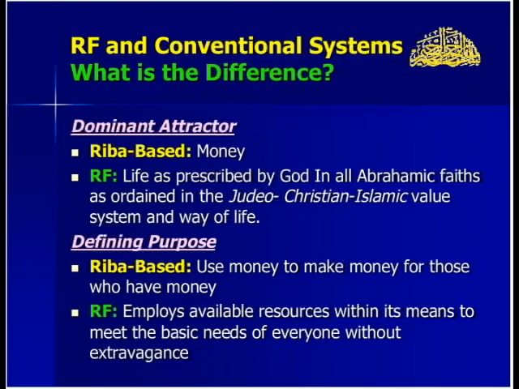What is the dominant attractor? There are two systems, the riba-based system and the riba-free system. The most important attractor in the riba-based system is money. If you got the money, I can talk to you. If you don't have the money, I cannot talk to you.